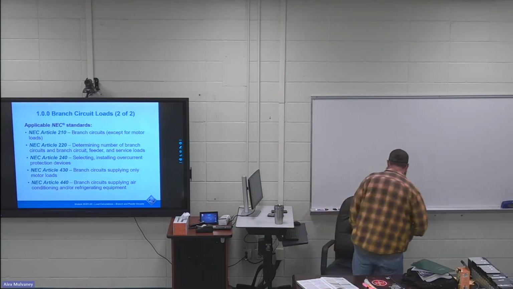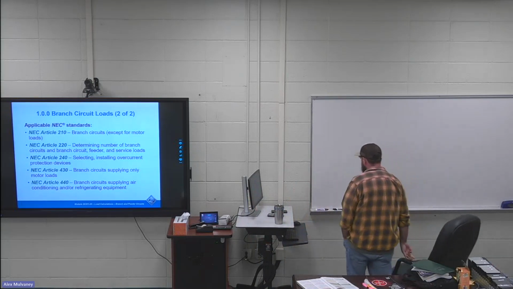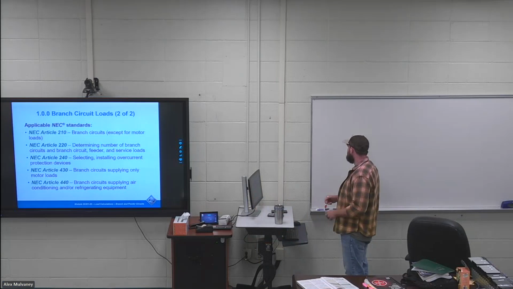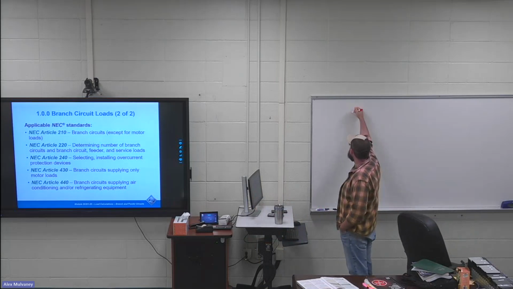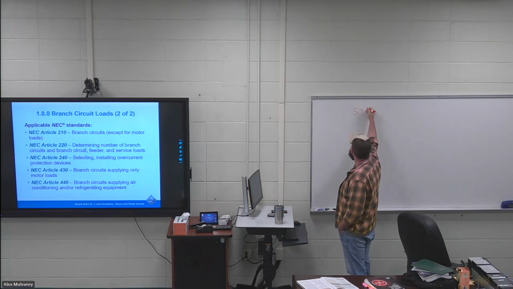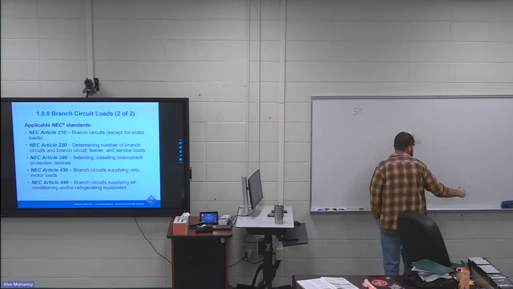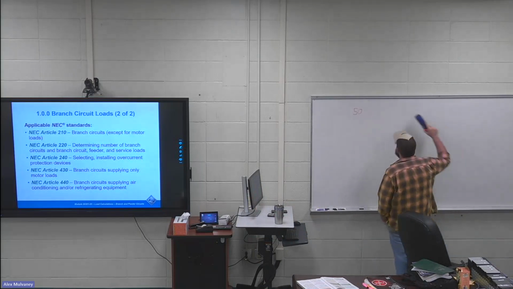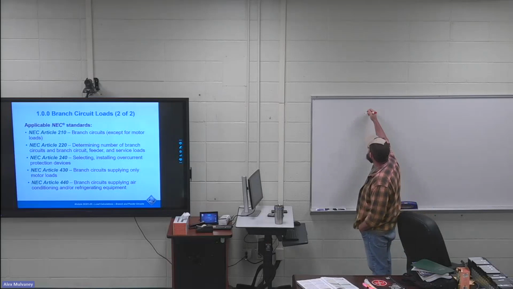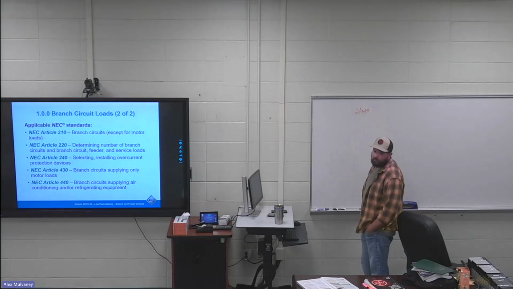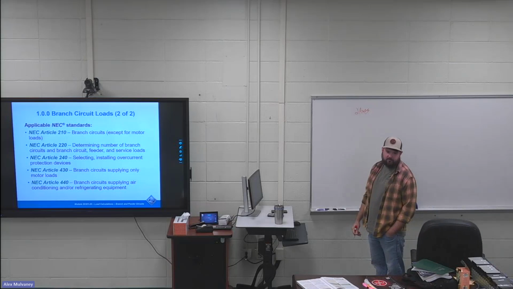So if I had a toaster, we'll say it was rated for 50 volt amperes. Say it ran at 2 amps. What voltage is the toaster going to run at?